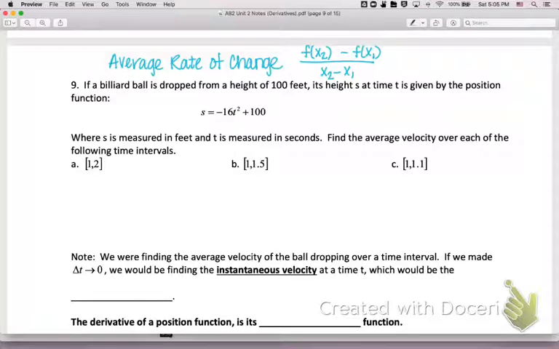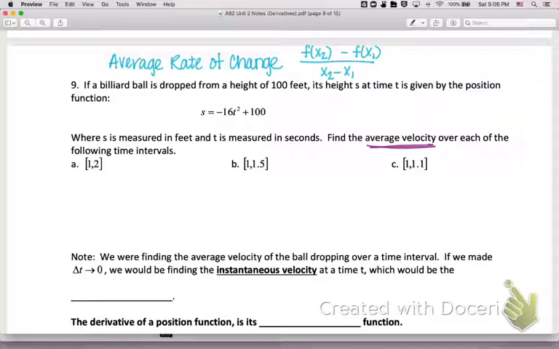So here's an example. If a billiard ball is dropped from a height of 100 feet, its height S at time t is given by this position function. S is measured in feet and t is measured in seconds. Find the average velocity over the following time intervals. When we see average velocity, we know that we're talking about a secant line and we're talking about slope.